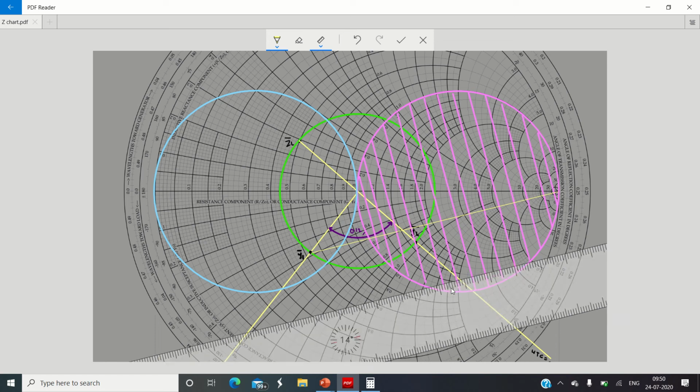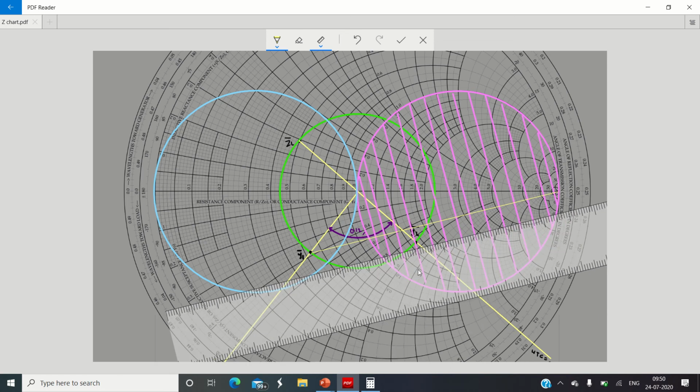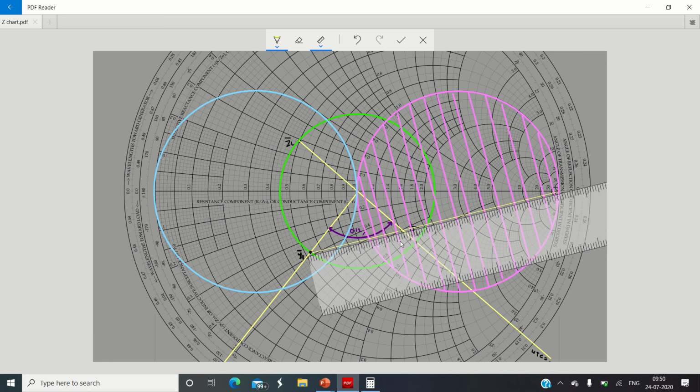Then you measure the length of this chord in centimeters and divide it exactly halfway. Now I will count: 1, 2, 3, 4, 5, 6, 7, 8, 9, and approximately 10.